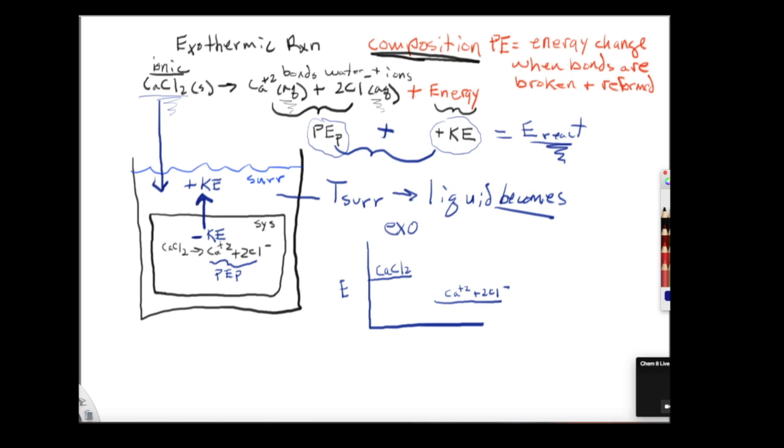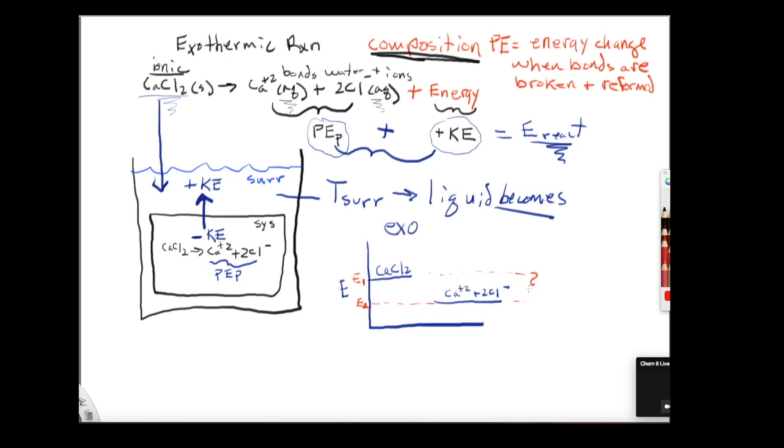All right, and so this is another way of looking at this. If we were to draw lines out like this, here we're going to have the energy at the end of the products, and this is the energy, whoops, this should be E2. And then this is where we start with the reactants.